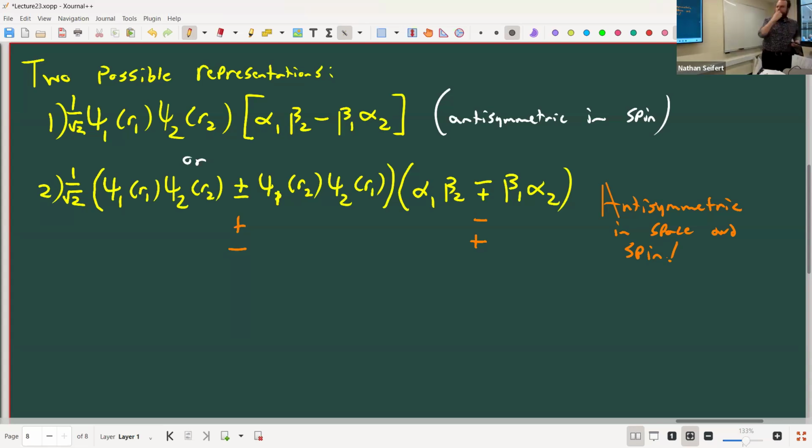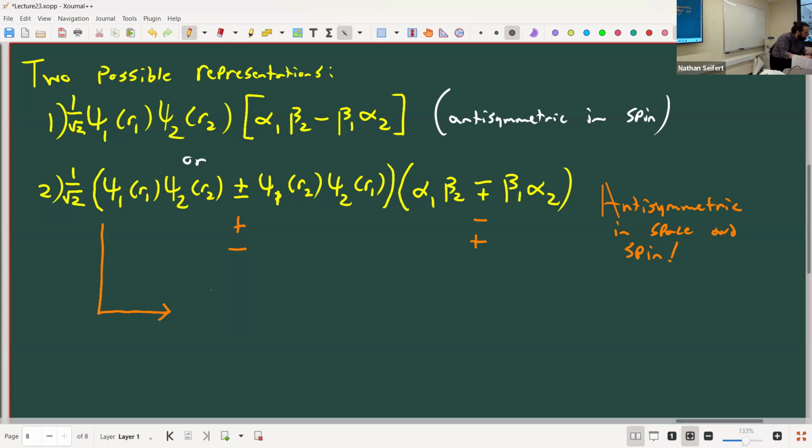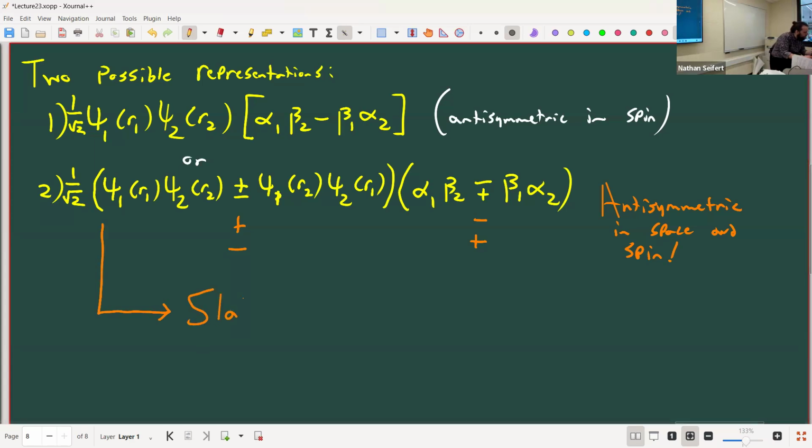All right, so our wave function now is a superposition of all the different possible ways to exchange the electrons, right? Different orientations of the electrons. There's a special name for this. Historically it's called a Slater determinant.